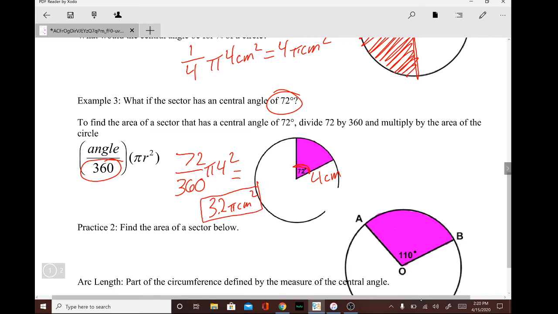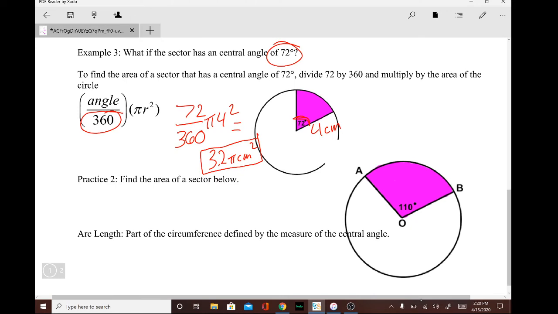So if we want to find the area of the sector below, well, we have 110 degrees. So now we're going to do 110 over 360. And if we want to find the area, we need some type of radius. Let's stay with our same radius just for continuity's sake. So we'll do pi times 4 squared.